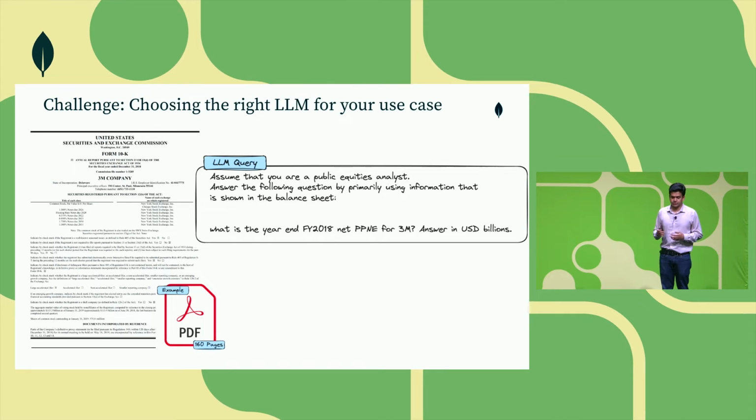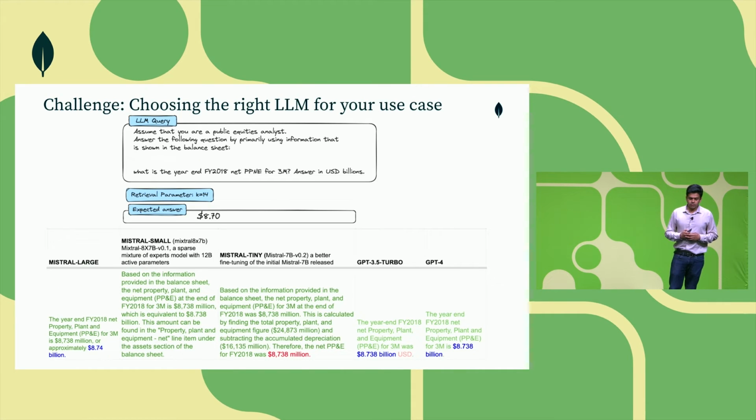So we run a bunch of experiments across a bunch of models. The two most popular model categories are Mistral and OpenAI. For this question, the answer is supposed to be 8.70. Now, you would see the actual outputs from these different models as you go through it. We compare across Mistral Large, which is a closed source model from Mistral, followed by Mistral Small, which is the mixture of experts 8x7B model.